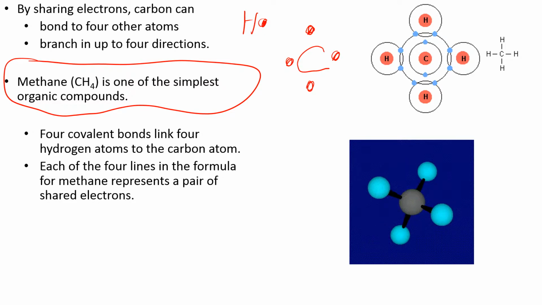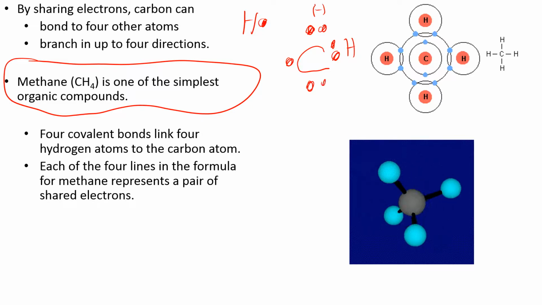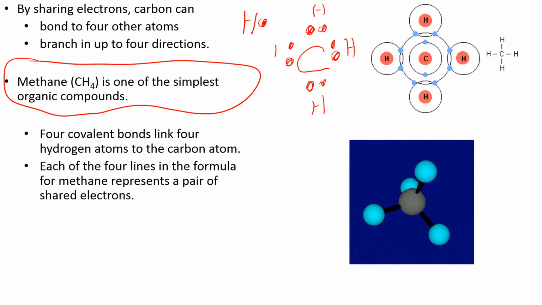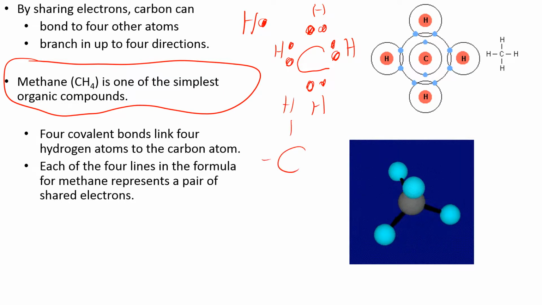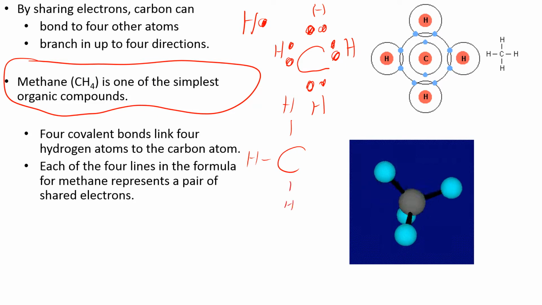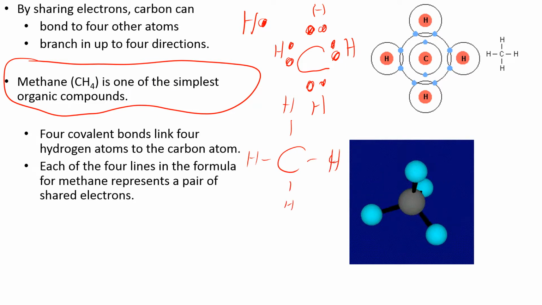So that means you can have up to 4 hydrogens that bind to carbon. And what you get is methane. Methane has this nice little tetrahedral shape to it. The atoms in a molecule are going to sort themselves into certain distances away from one another, and they're going to have this nice little configuration of a tetrahedral.